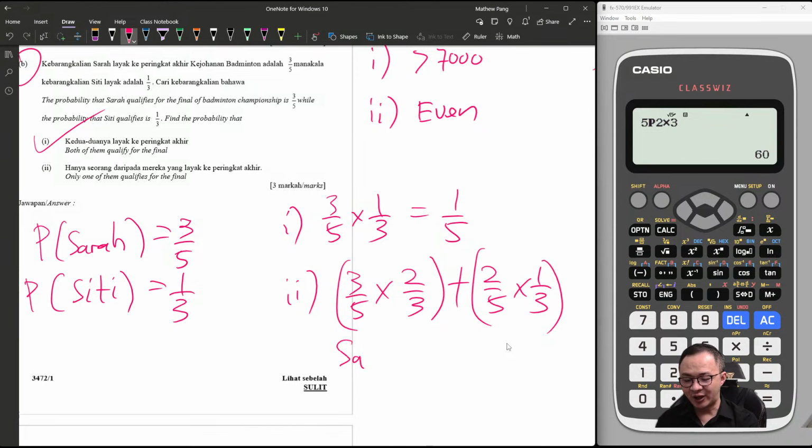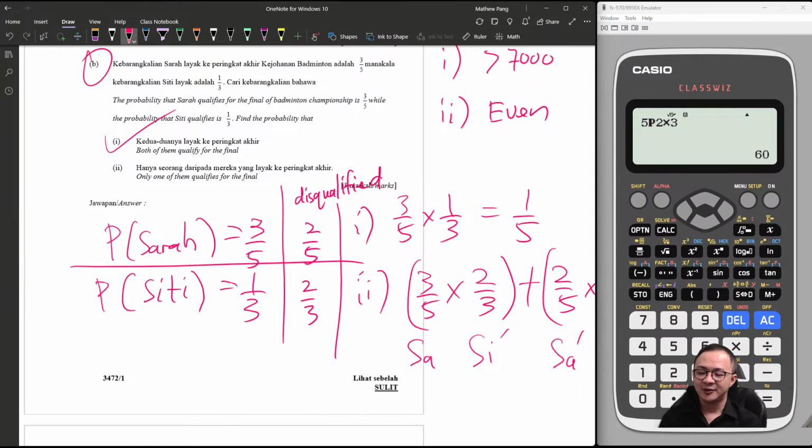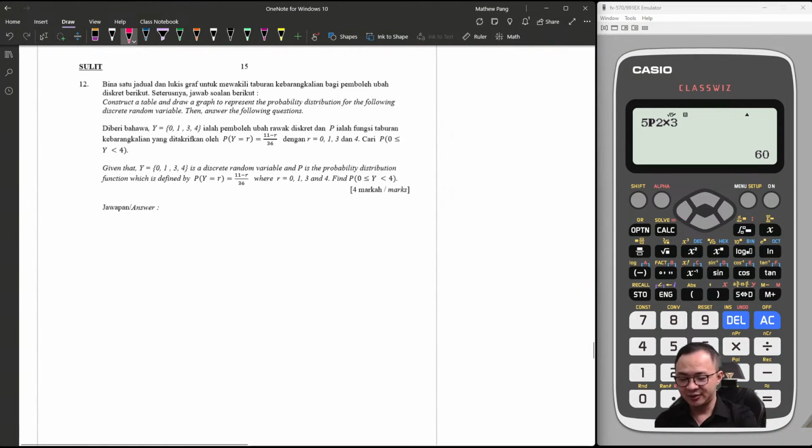This one is Sarah disqualified, Siti qualified. Because when they qualify it is this value, when they're disqualified, it's just 1 minus it, so it's 2/5 and 2/3. This one is for Sarah disqualified or for Siti disqualified. It's 1 minus the other probability. Okay? Just do it for fun.